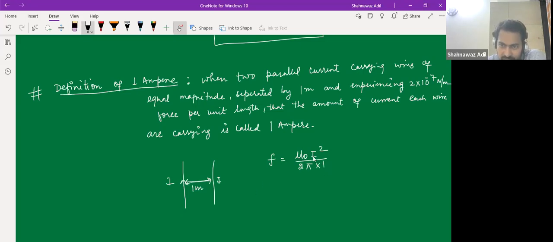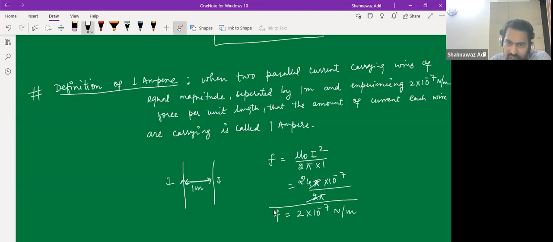So 1 ampere would be, with mu naught equal to 4 pi into 10 to the power minus 7, and this is 2 pi, this is 2 into 10 to the power minus 7 Newton per meter.